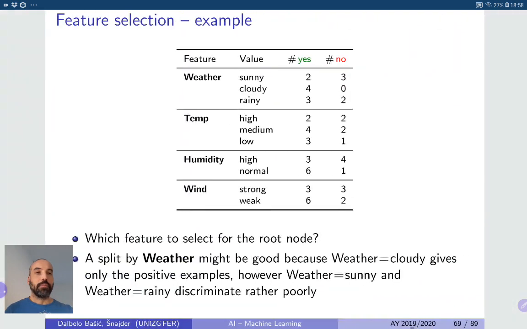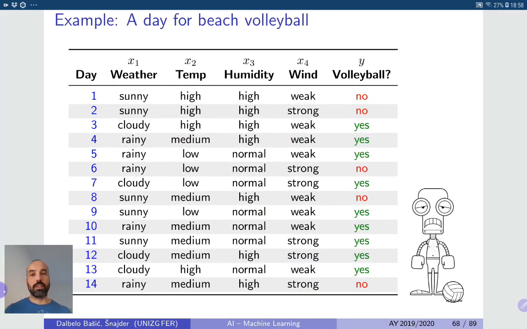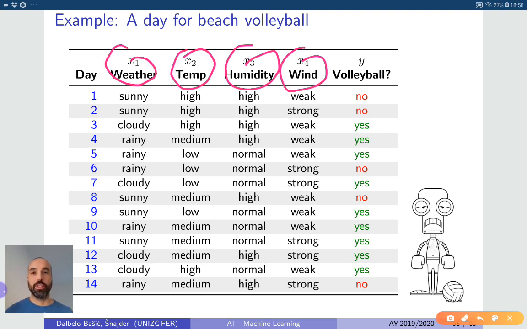Now, let's say I'd like to build a tree, and the first question then is, what do I put into the root? So which of the 4 features here, the weather, temperature, humidity, and wind, should I be choosing for the root node? And as I said, ideally, I'd like to choose a feature that does a good job in separating the data based on the label Y.